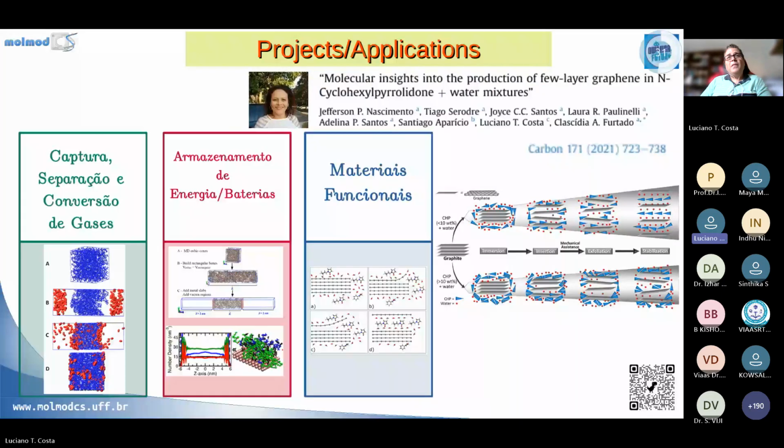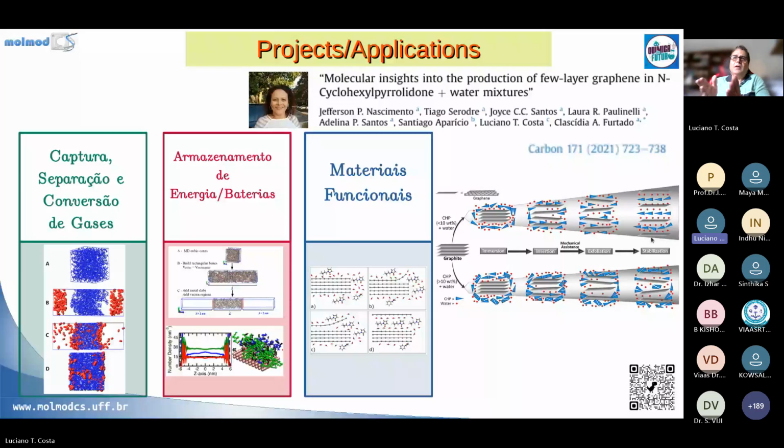Also, it developed nice and important work together with experimental scientists, where they basically used many co-solvents with water to try to improve the exfoliation of graphene. So in this study, we could see the perfect mixture of the co-solvent and water to better exfoliate the graphene.